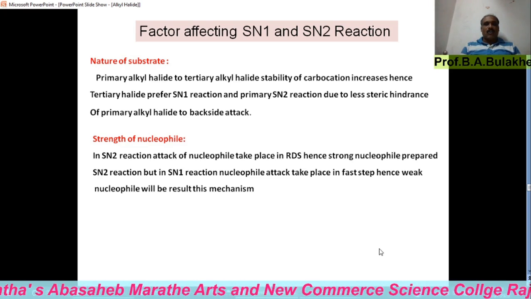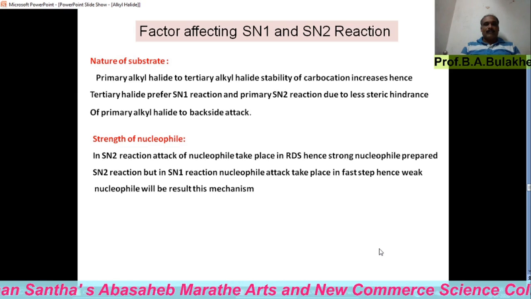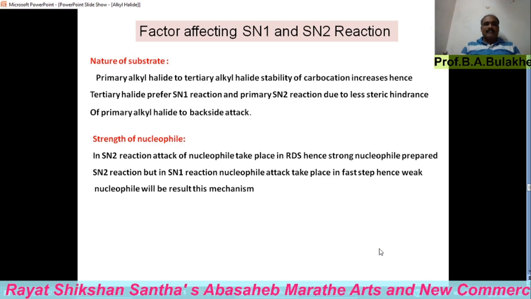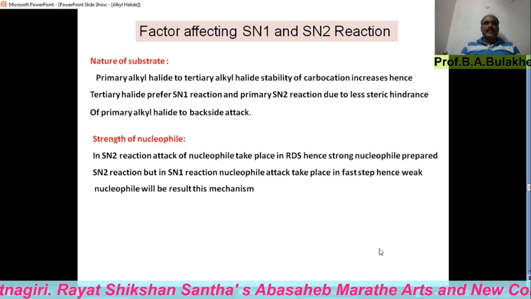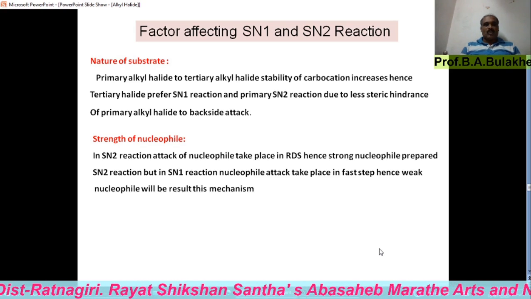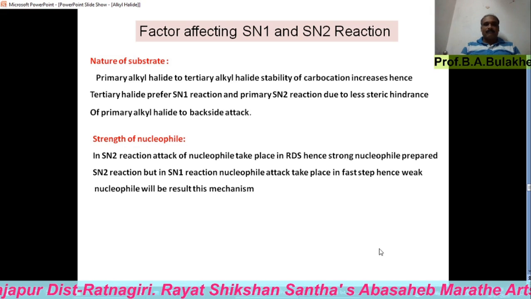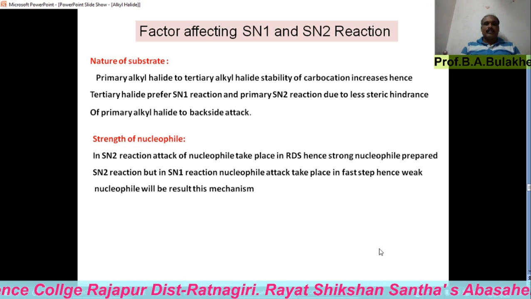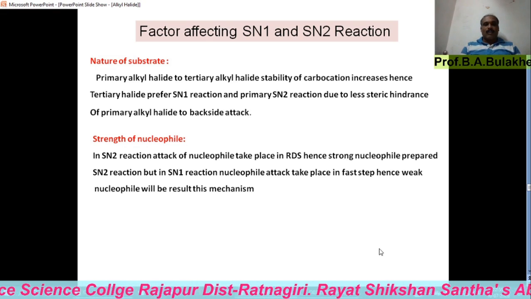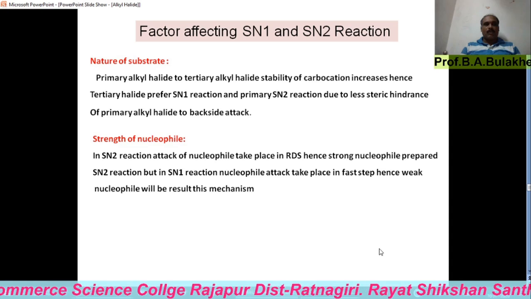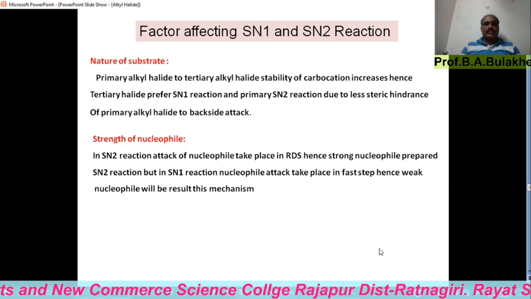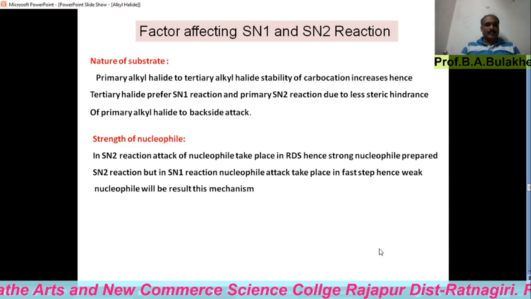But in SN1 reaction, the nucleophilic attack takes place in the fast step, and therefore it is independent of the nucleophile, and weak nucleophiles are sufficient for the SN1 type of reaction mechanism.